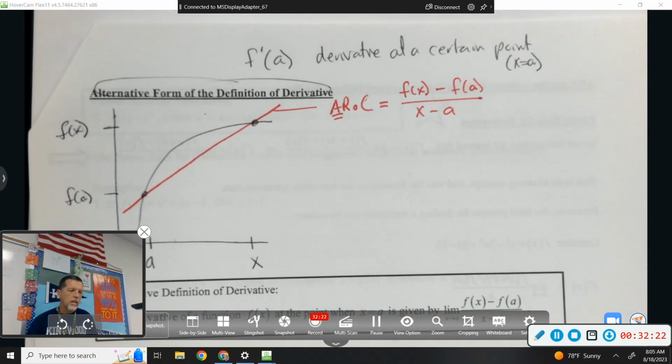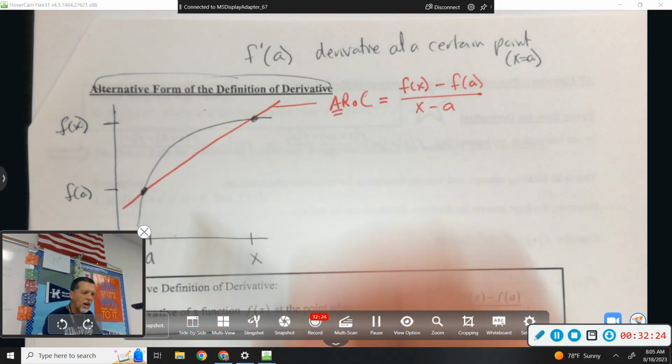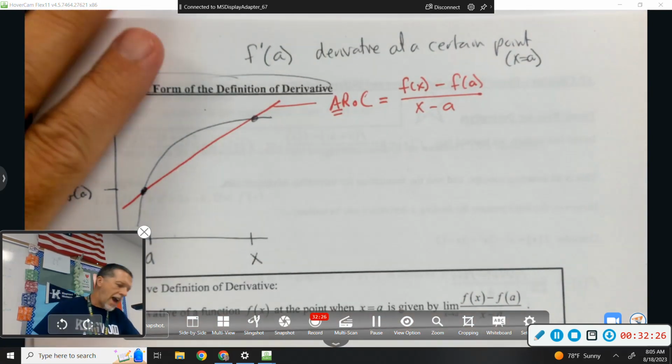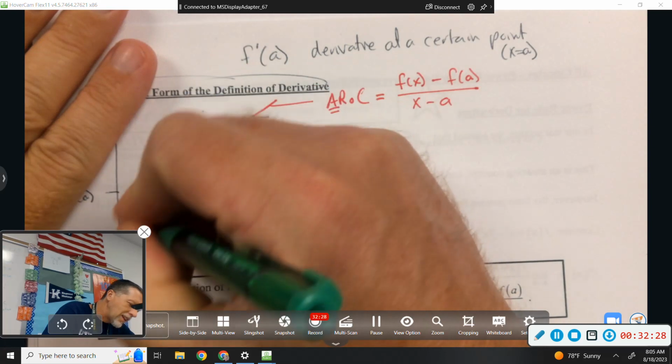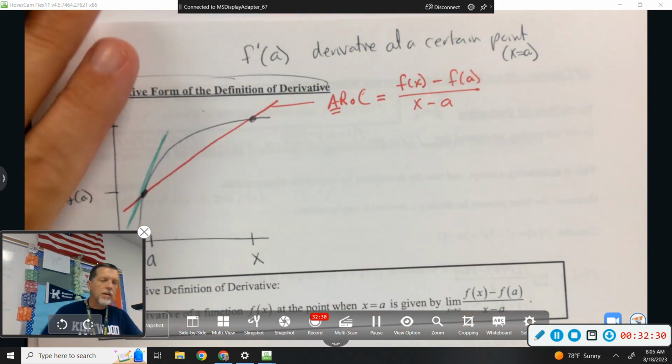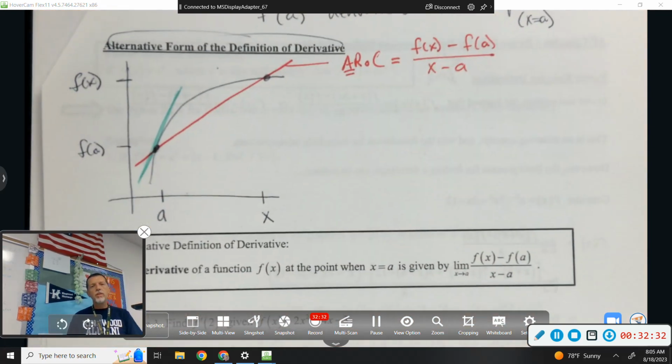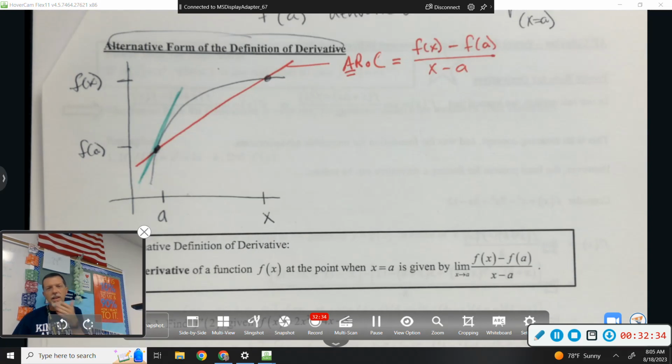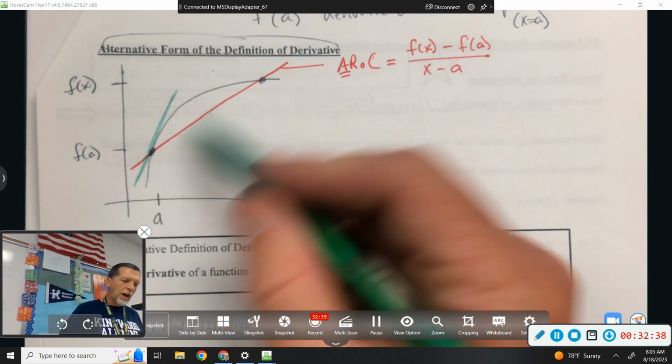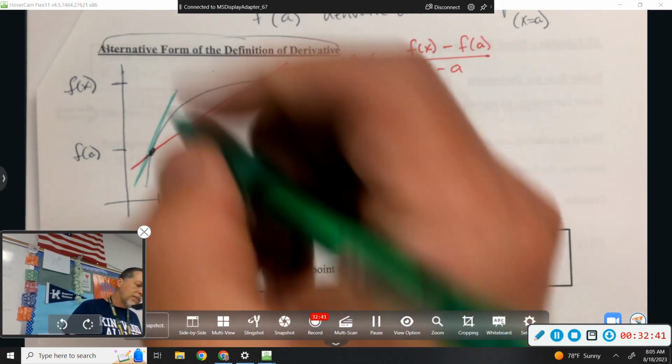So a is sitting there, and I'd like to find the derivative at a. So I'd like to find this like tangent line slope right there. So I want to hold a in the same spot, but I don't want my tangent line to be this algebra rate of change way over there. I want an instantaneous rate of change.